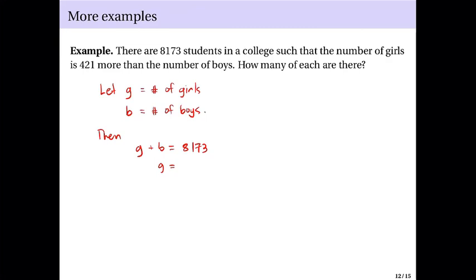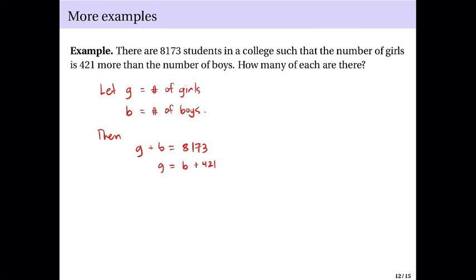So you have the number of boys, and then there are 421 more. So the number of girls is 421 more than the number of boys: G equals B plus 421.